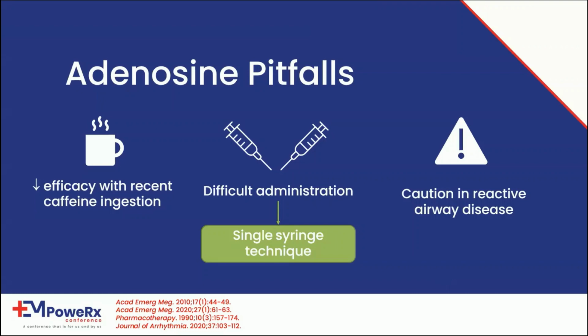I will say there is some theoretical caution in reactive airway disease. Most of the cases that are out there associating adenosine with bronchospasm are really in adults, particularly at higher doses, the higher doses utilized in stress tests. And apart from some case reports with the standard dosing of adenosine for SVT, the dyspnea is generally short-lived, resolves spontaneously, generally given that short half-life.